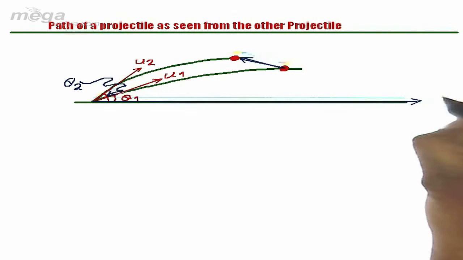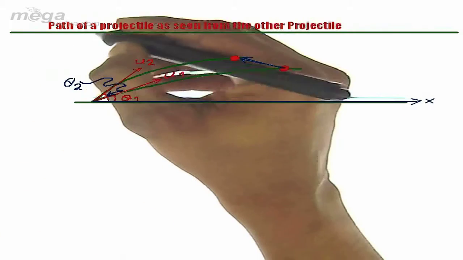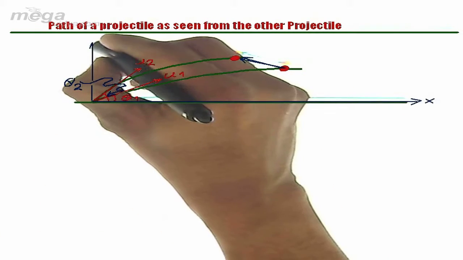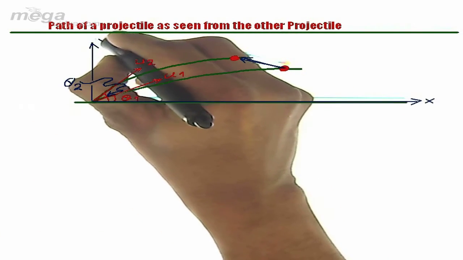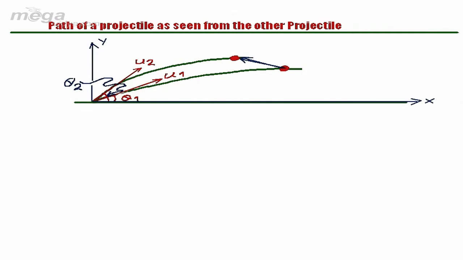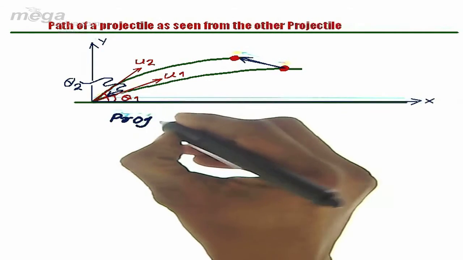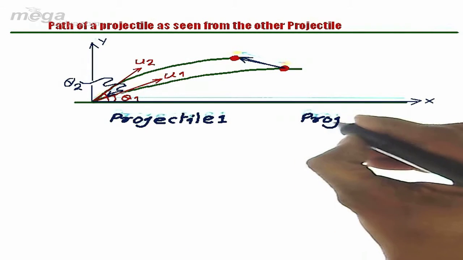If I take the positive x direction towards the horizontal as earlier and the y direction along the vertical, then for the two projectiles I can write the coordinates separately.